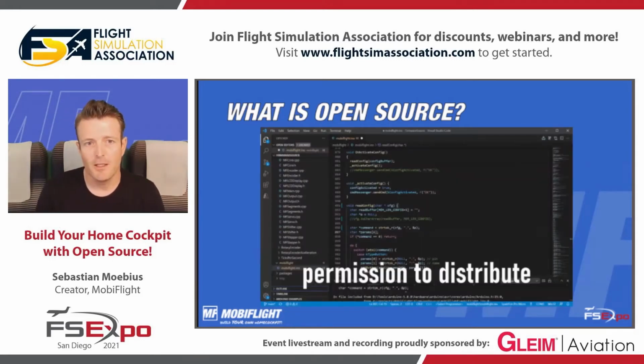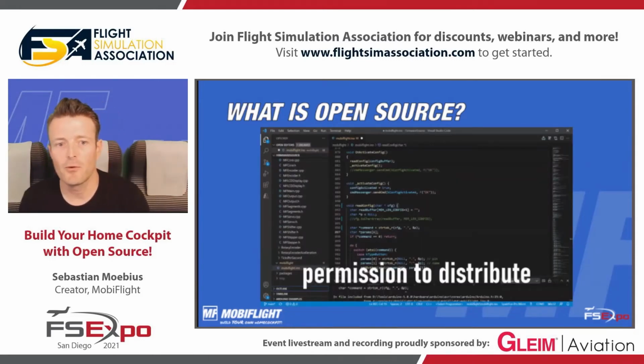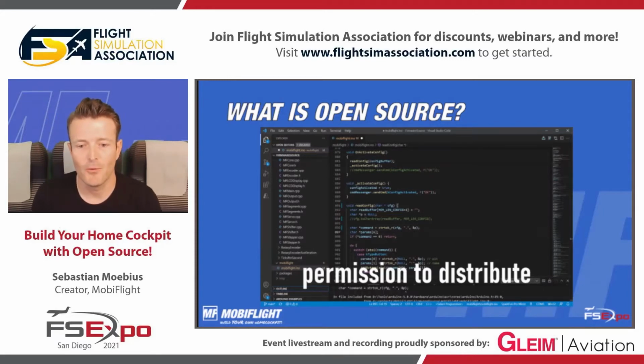And the last one is also pretty cool, because open source typically gives you the permission to distribute it. So this means you can take the original software product or hardware product or whatever that is open source, or it could also be an image, a picture, and you can make changes to it, and you can also redistribute it.